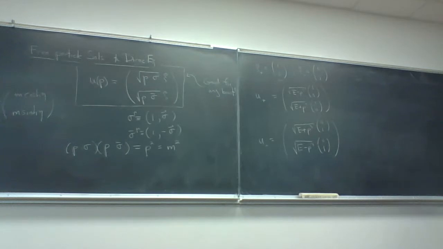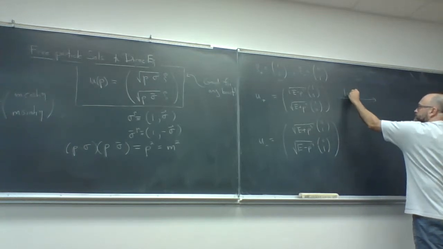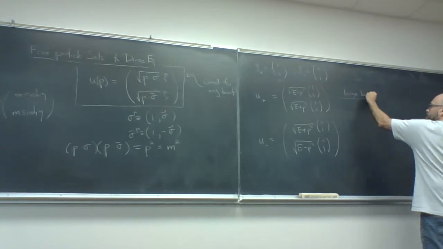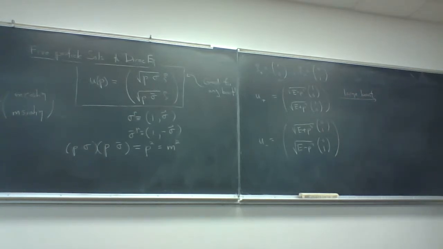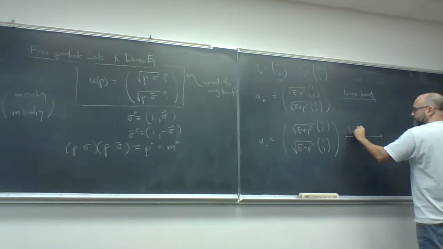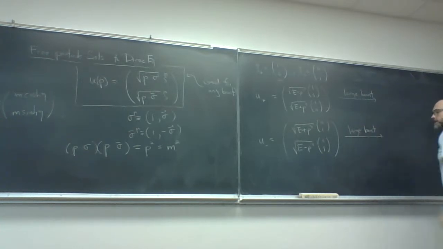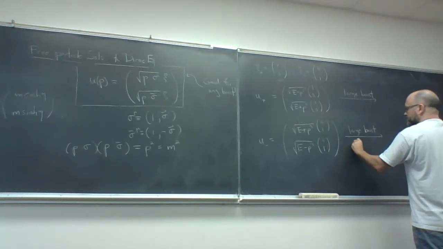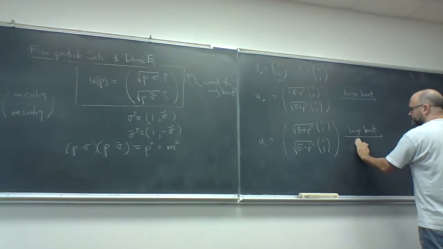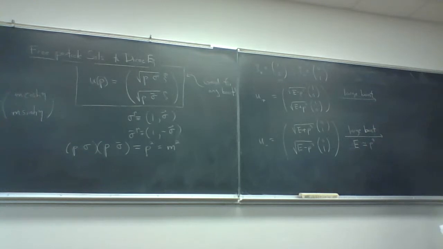Okay. So now we want to ask ourselves, what happens under a large boost? Under a large boost, all the energy is going to be coming from the momentum. Okay. So in that case, under these large boosts, it's like the ultra-relativistic limit. So E is going to be given by P3, right?